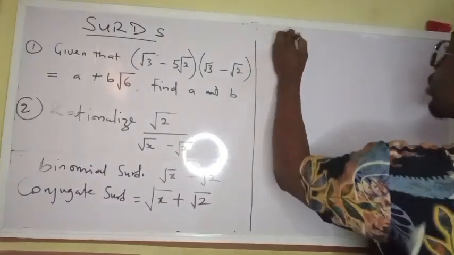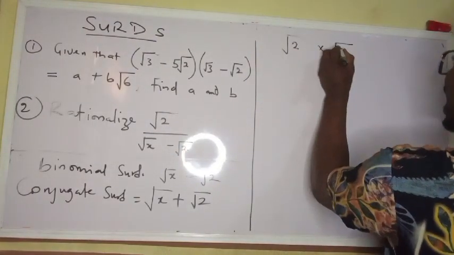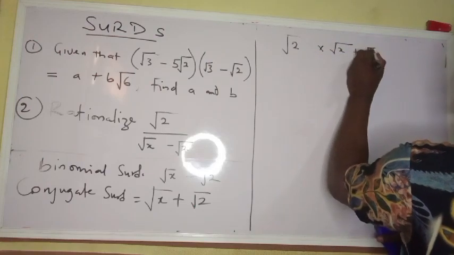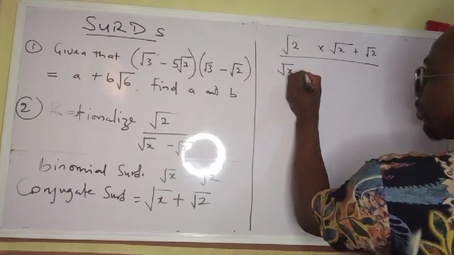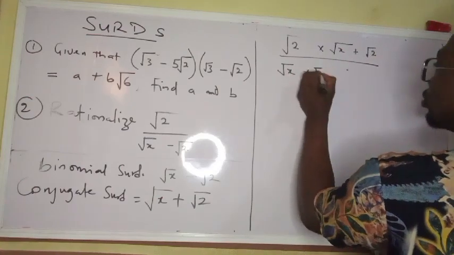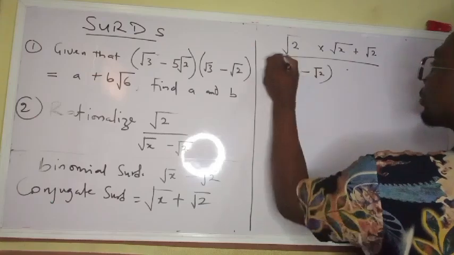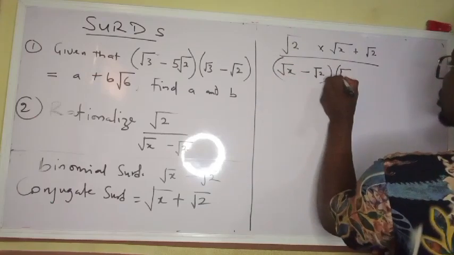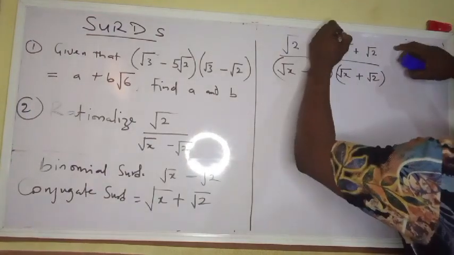So we have √2 times (√x + √2) all over (√x − √2) times (√x + √2). You can see the conjugate.